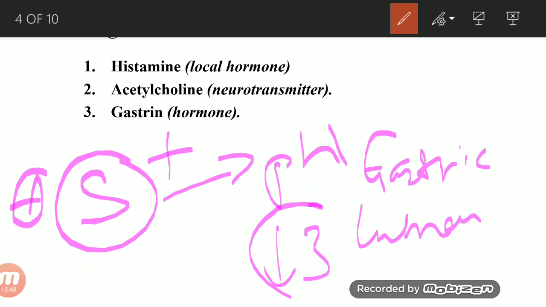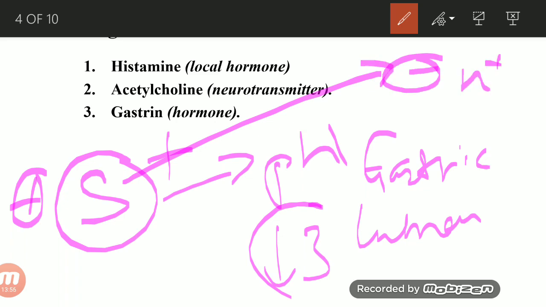So whenever your somatostatin is secreted, it will inhibit your secretion of H plus ions, as well as it is going to inhibit your release of gastrin. So this is your function of somatostatin.